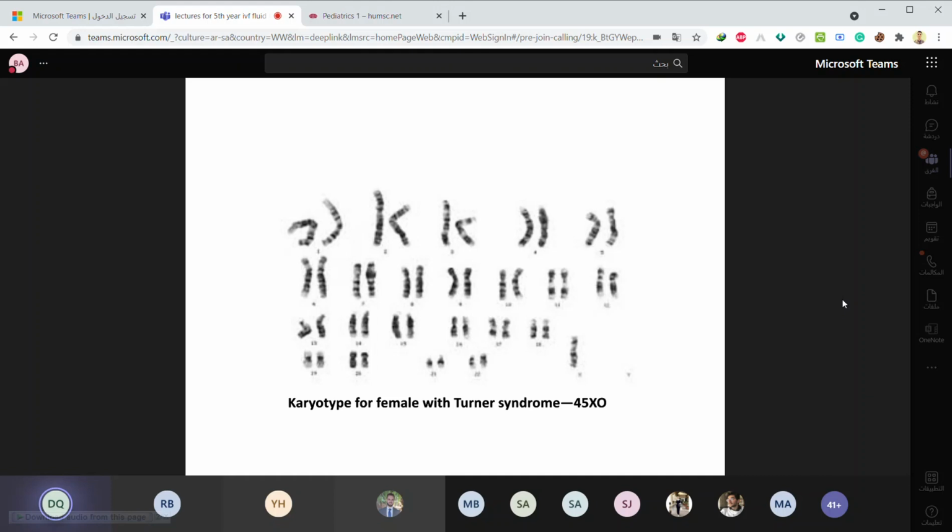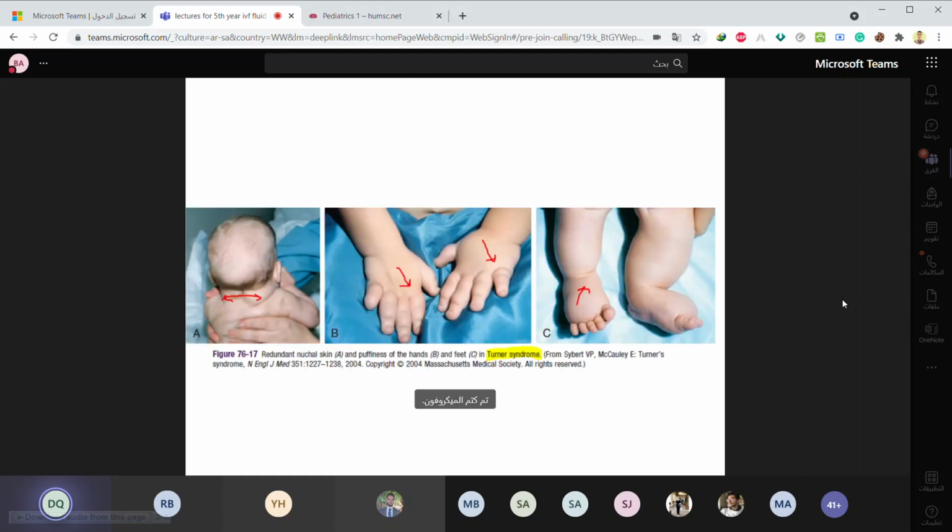So this is a karyotype for a female with Turner. She has normal chromosomes, but she has only one X chromosome. So she is missing the other X, and she will be female, XO instead of XX.